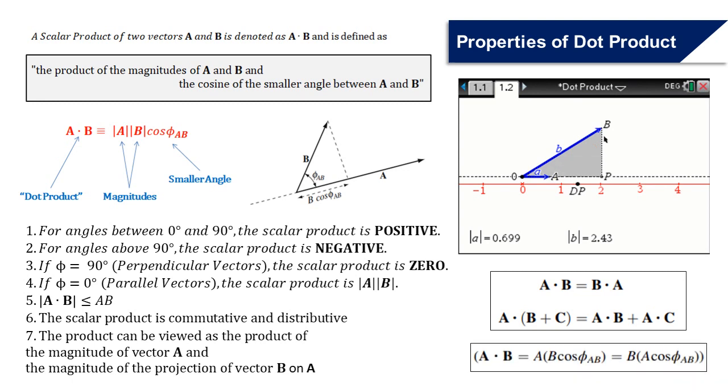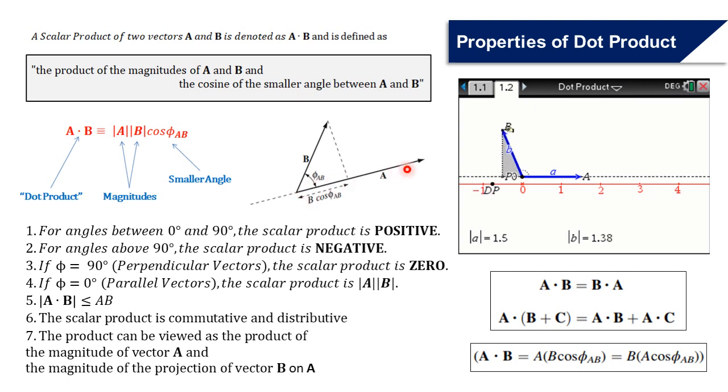Sabi daw dyan, dahil nga may property tayo ng distributive and commutative, that product can be viewed as the magnitude of the first vector and the magnitude of the projection of vector B on A. So, pwede raw nating masabi na yung dot product of A and B, A dot B, is equal to the magnitude ng A times nung projection ng B sa A. Okay?